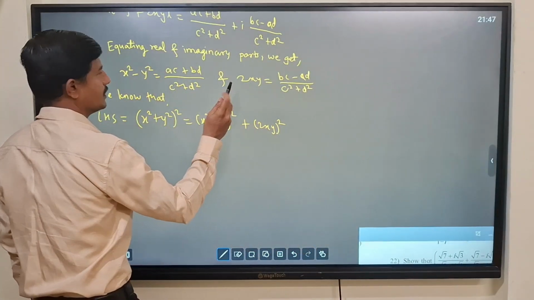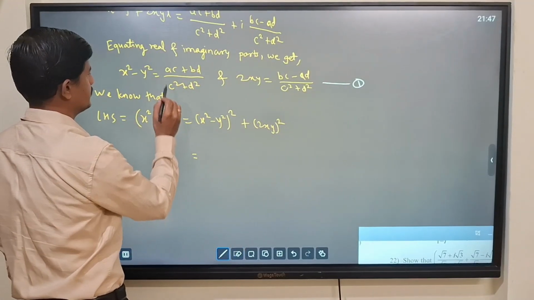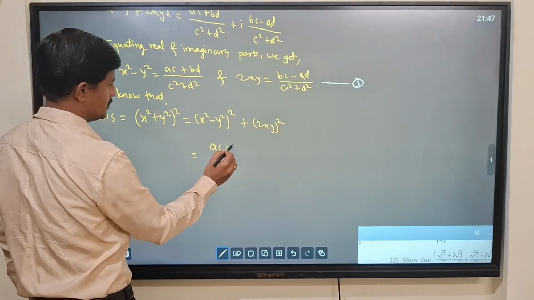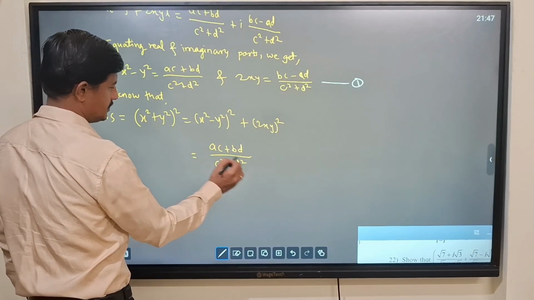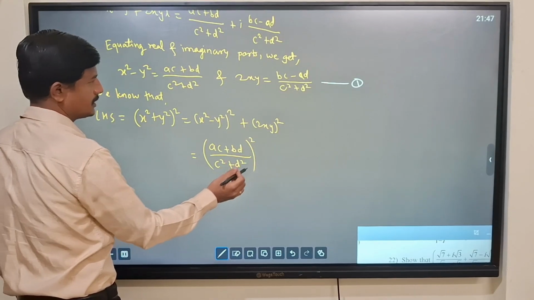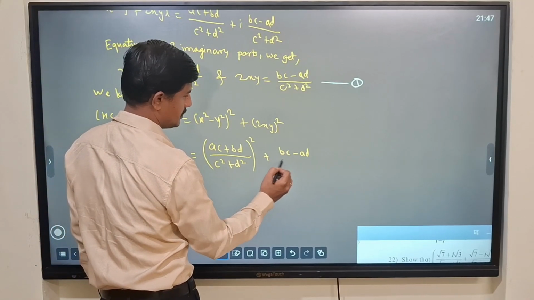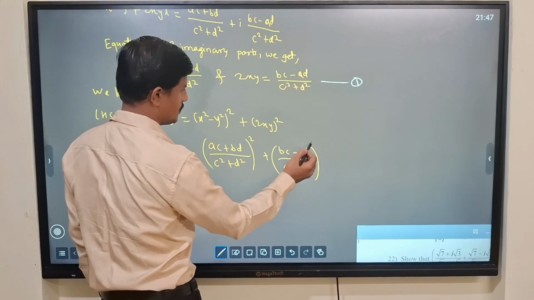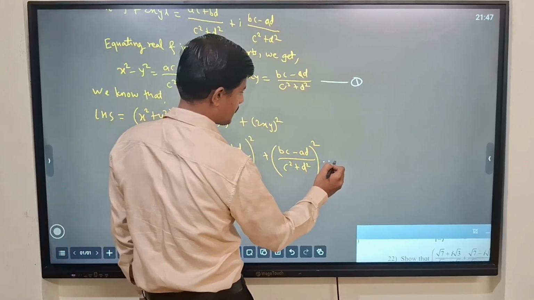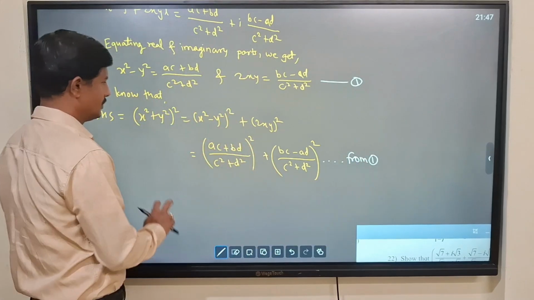Now see, I will write down this equation 1. So from 1, what will be the things? This becomes ((ac plus bd) upon (c square plus d square)) whole square plus 2xy is (bc minus ad) upon (c square plus d square) whole square. This is from 1.